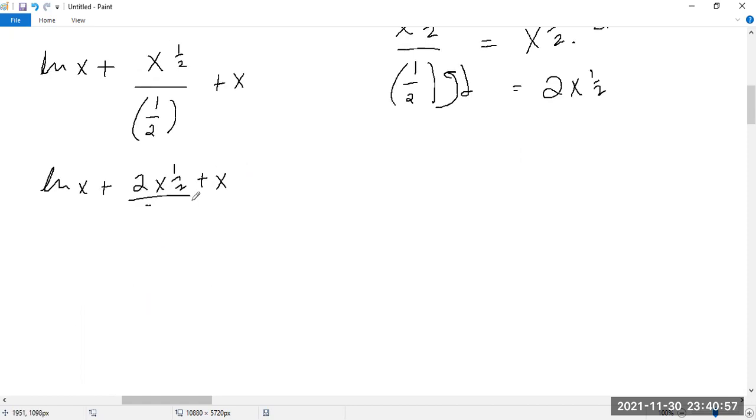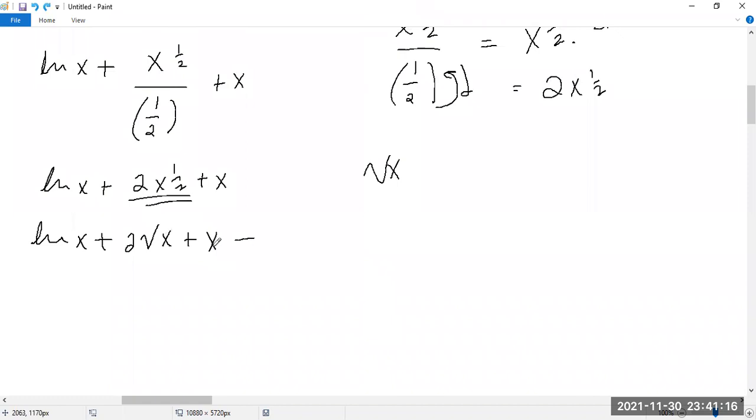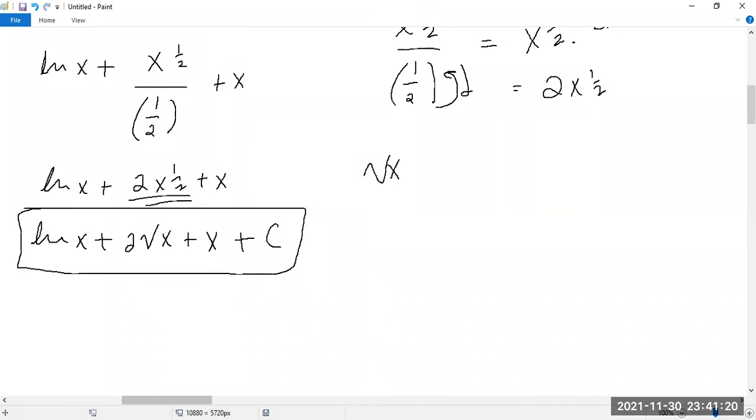And remember that the x to the 1 over 2 is actually the square root of x. So this is ln of x plus 2 square root of x plus x. And if we're talking about the indefinite integral, then this would essentially be your answer.